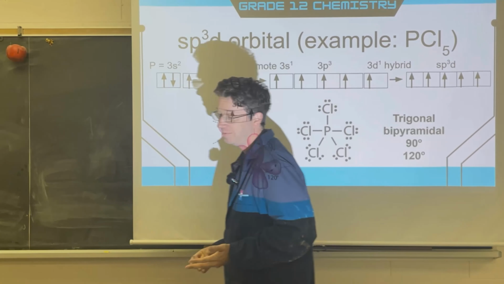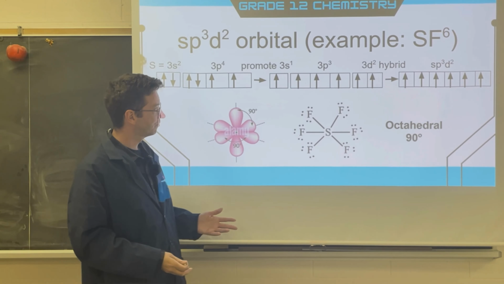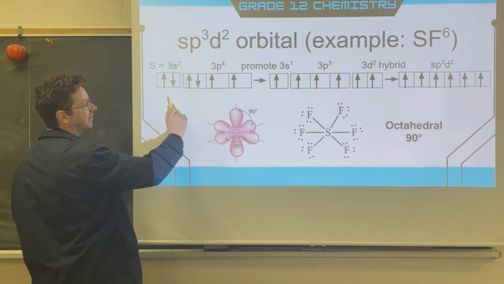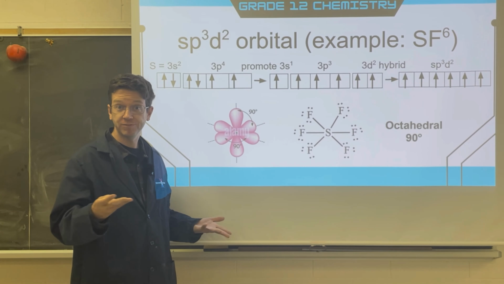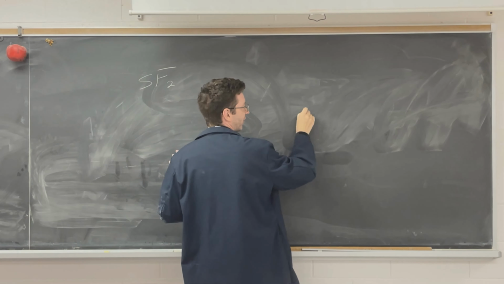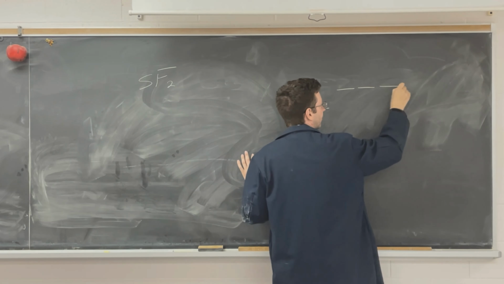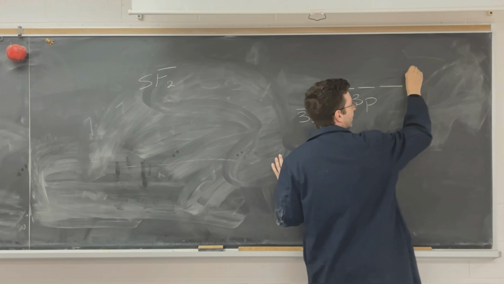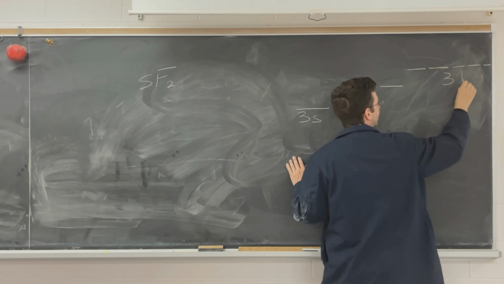And we can say the same thing about sulfur. Sulfur has these two free pairs. Now you can have SF2, for example. Let's look at that. So if we had SF2, right, looking at our energy level diagram, we have our 3s, our 3p, and our 3d.